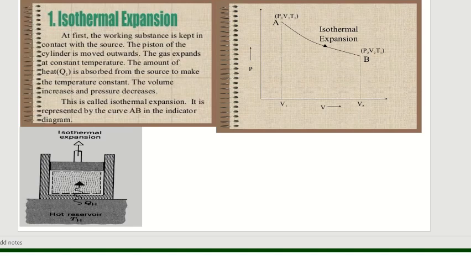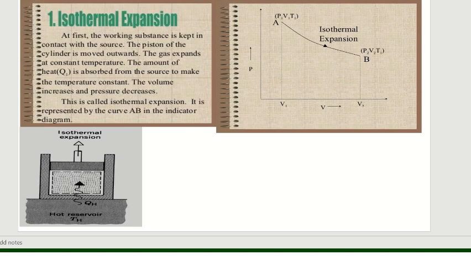First one is isothermal expansion. In previous class, I have already explained what is isothermal process, adiabatic process. So you have to go through those processes once again to understand better what is isothermal expansion. Isothermal process is a slow process in which temperature is kept constant. In isothermal expansion, first the working substance, that is a cylinder which is fitted with a frictionless piston, is placed on the source.